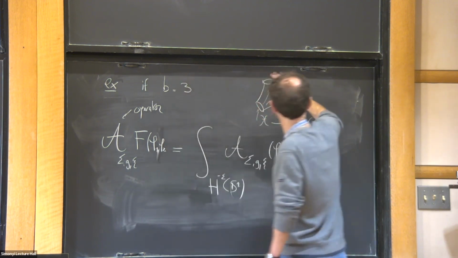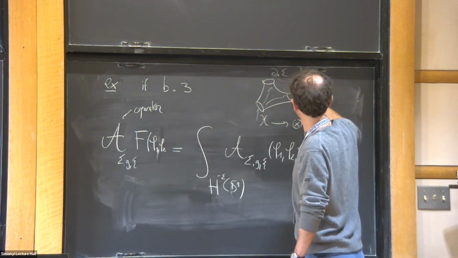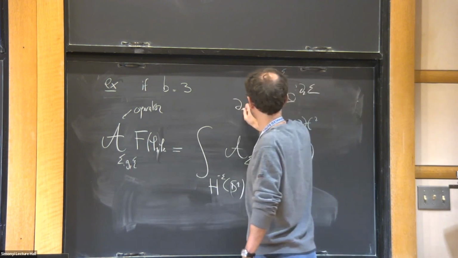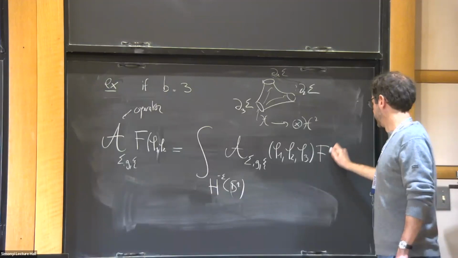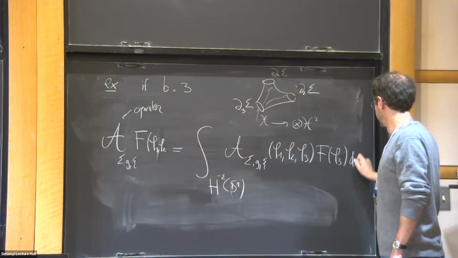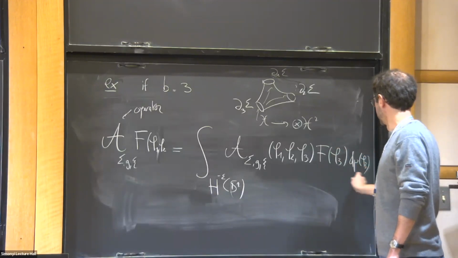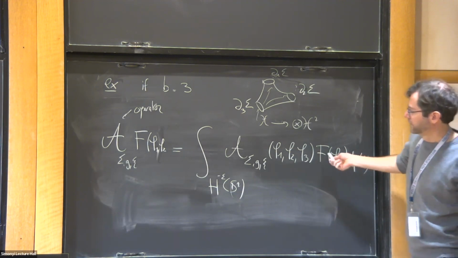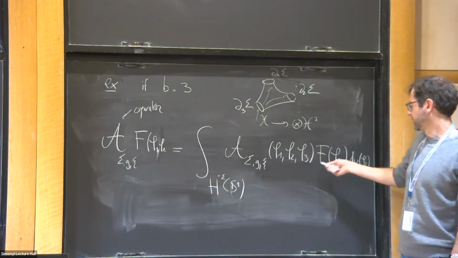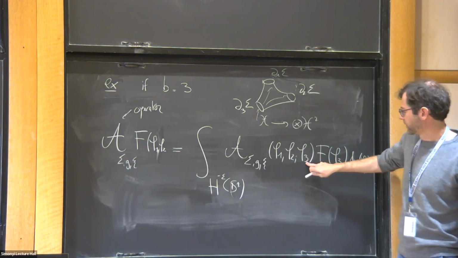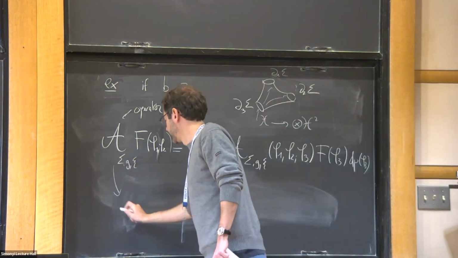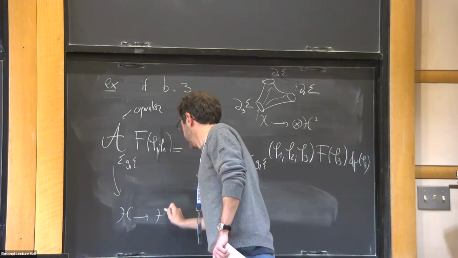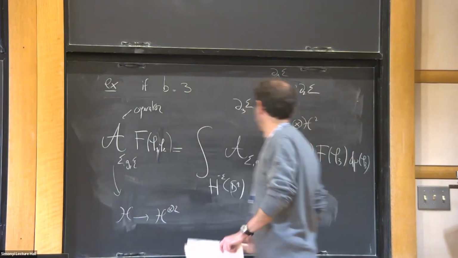So let's say this is D1 sigma, D2 sigma, D3 sigma, of f of phi3, for instance, d mu phi3. So if I take my integral kernel and view it as an operator going from this entry to the two others, I get really an operator from H to H tensor 2, and so on.